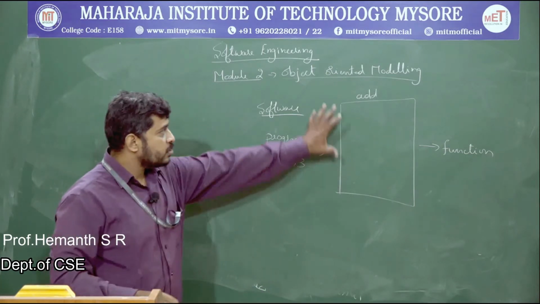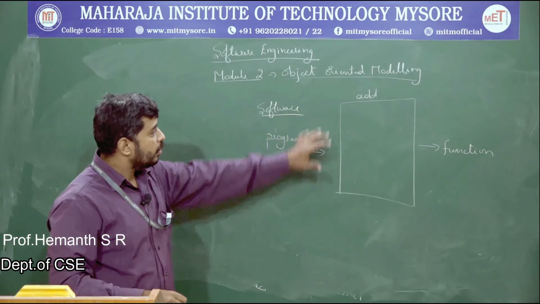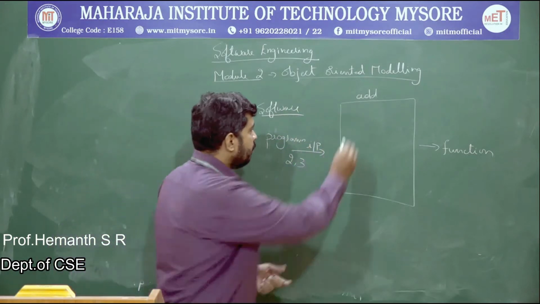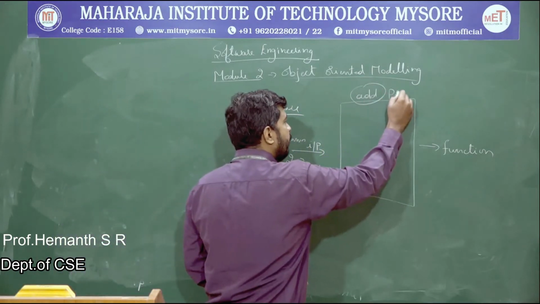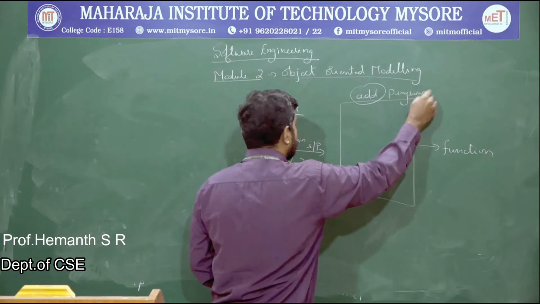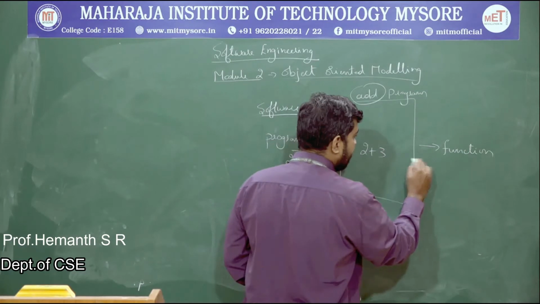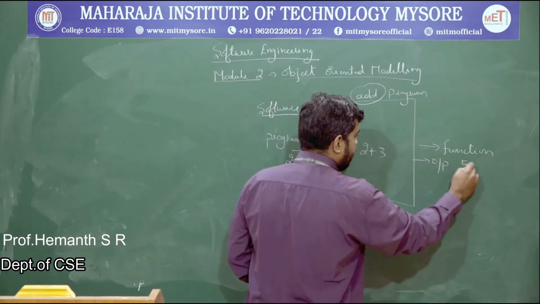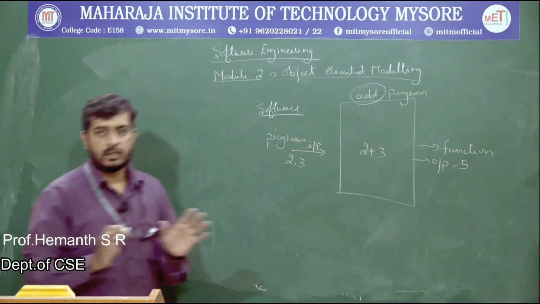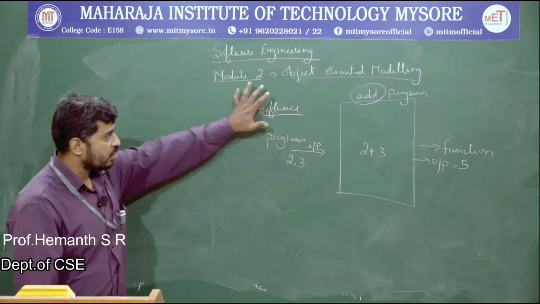What you are expecting from this program or from this software? You are expecting this program to add these two numbers. So it should add these two numbers, for example 2 plus 3, and you should get the output, that is 5. So this is what you are expecting from a program which is a software.